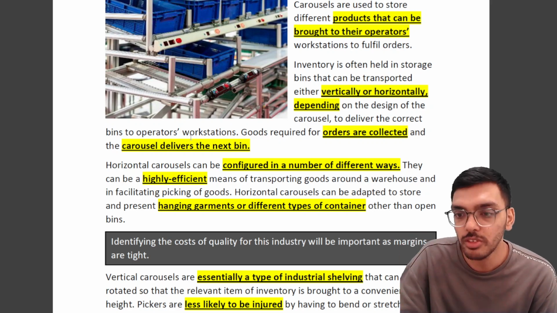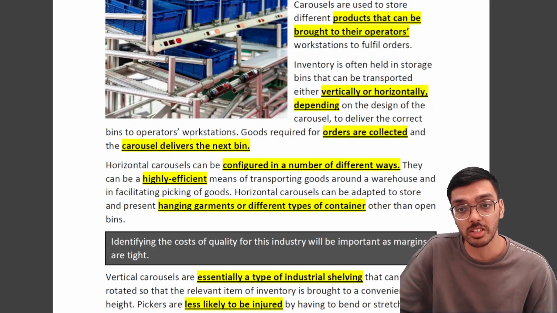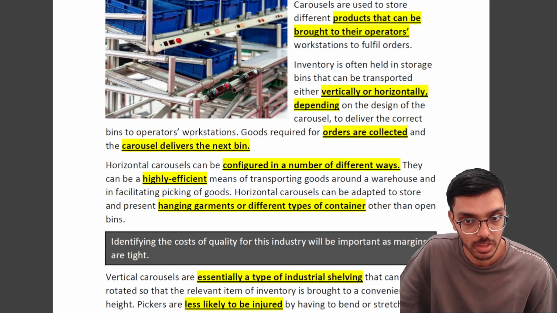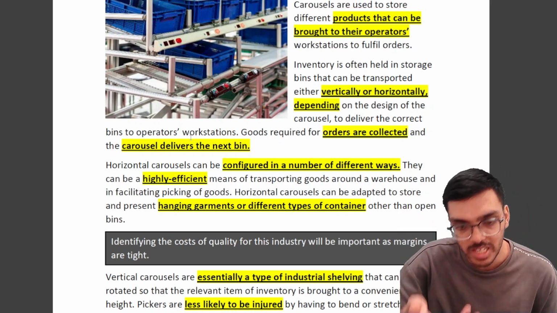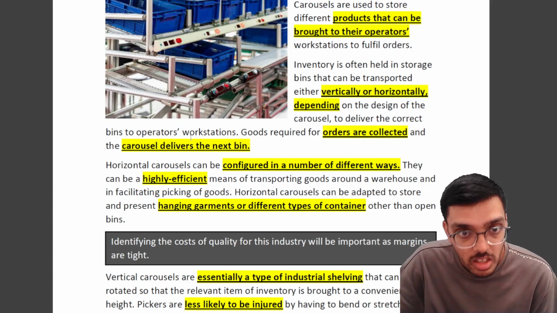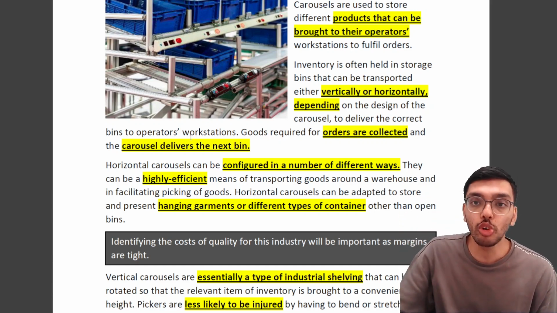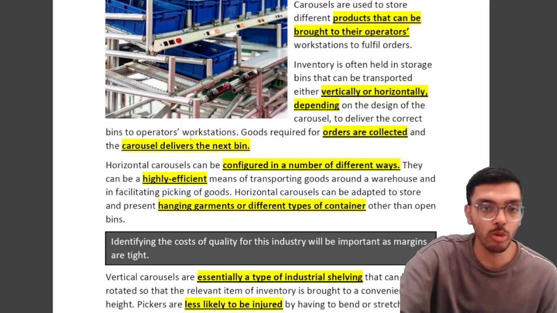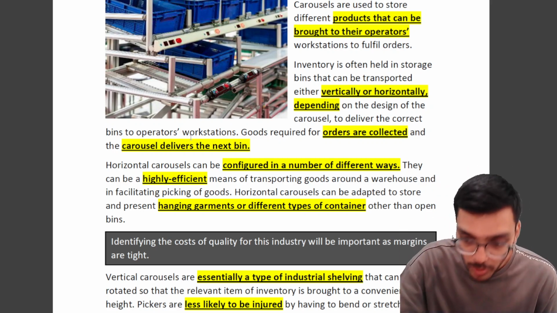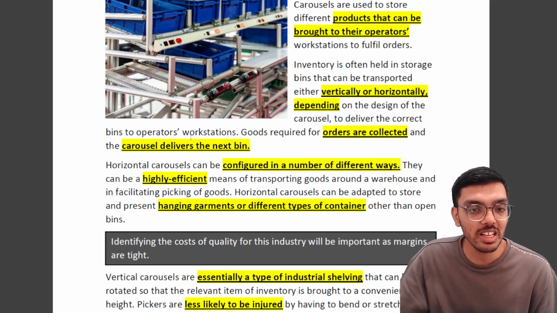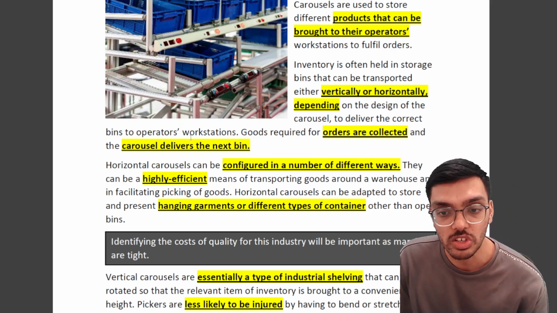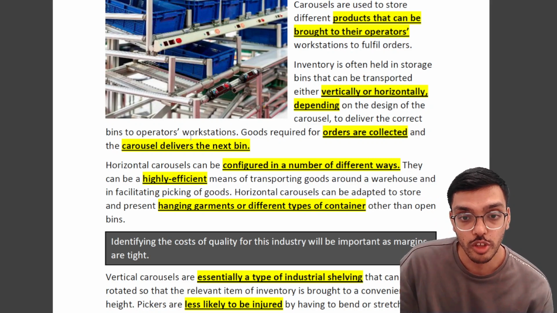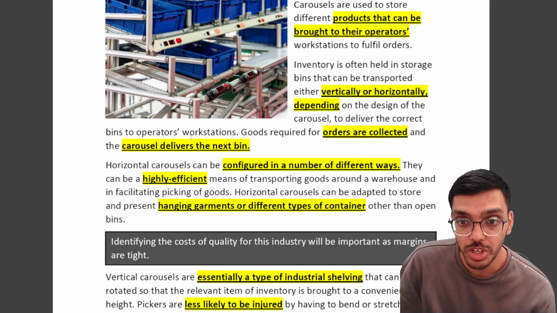Because once you send out something that a customer has not ordered, for example, then naturally your take back cost and reprocessing cost are very high. But if you've invested well to ensure that the carousel does not go wrong, that your robot does not pick wrong, if you've invested well in prevention and appraisal techniques, then the chances of internal and external failure reduce. So the cost of quality is something that I want you to keep in mind.